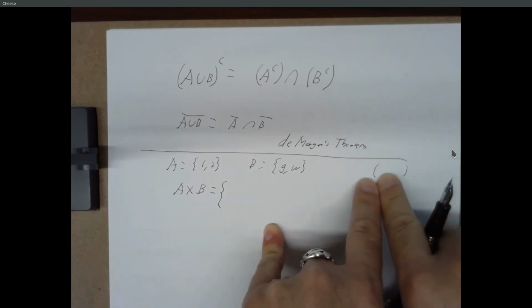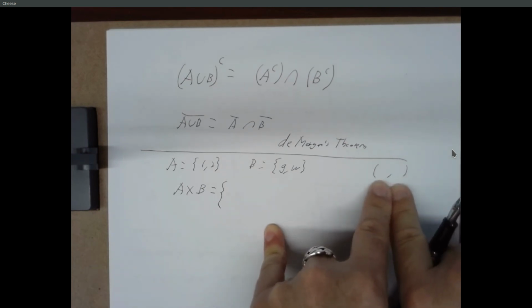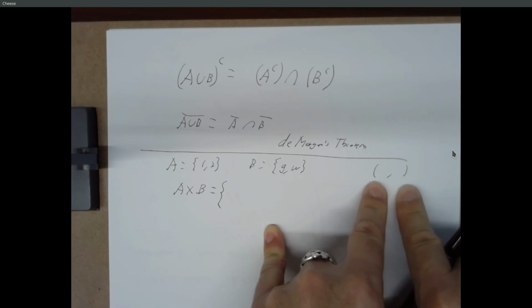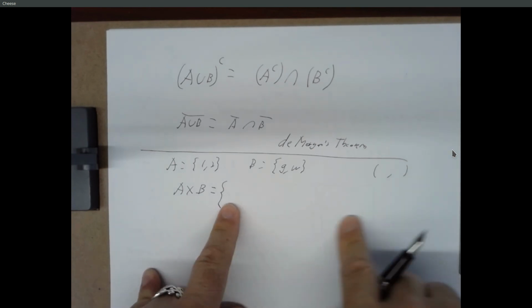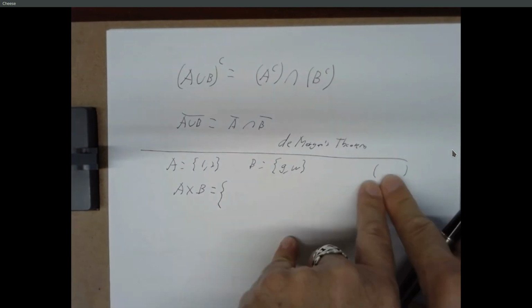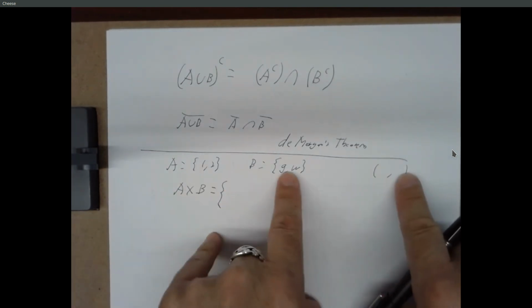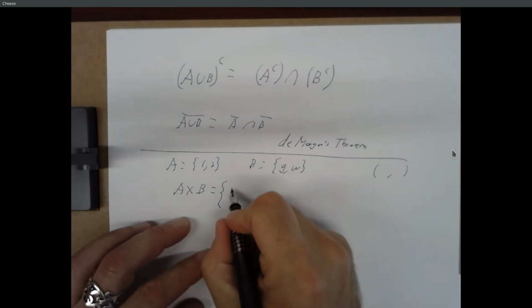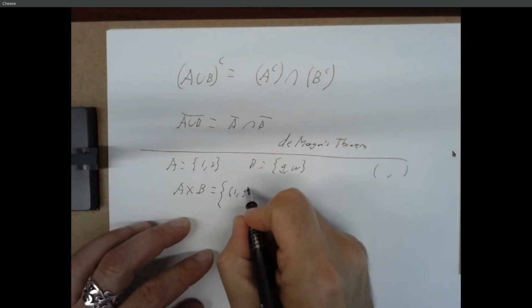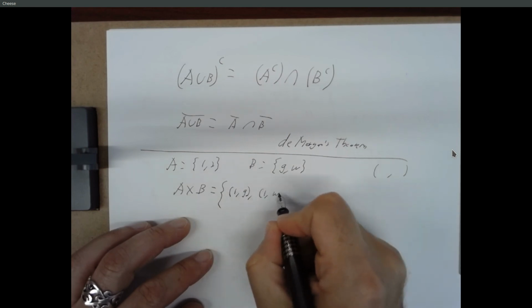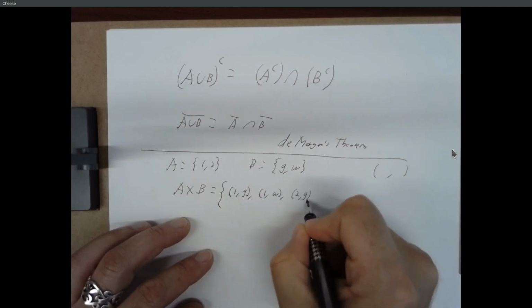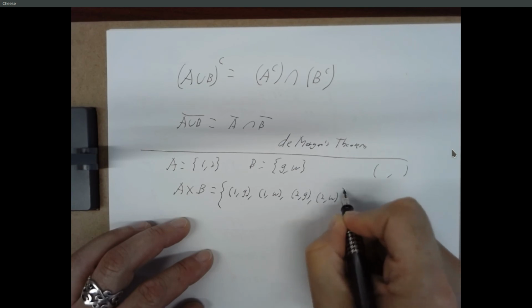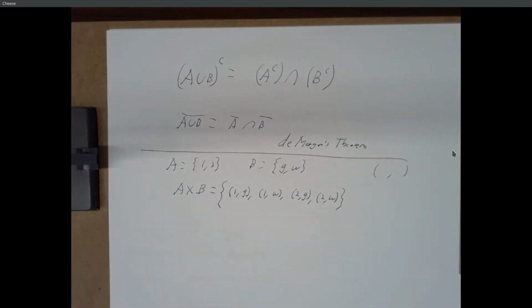It's two things. There's a first thing and a second thing, and they're separated by a comma, and they're in parentheses. And in order to be a tuple in this Cartesian product, the first thing in here has to come from A, and the second thing has to come from B. So all the elements of this set are the following: 1 comma G, 1 comma W, 2 comma G, 2 comma W. And that's what the Cartesian product looks like. 1G, 1W, 2G, 2W.